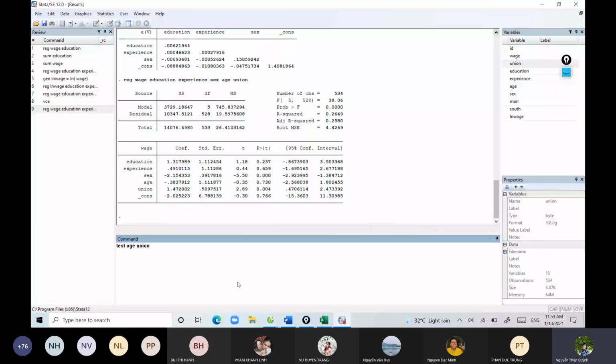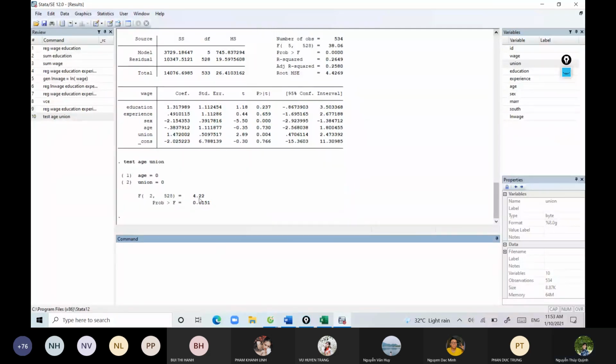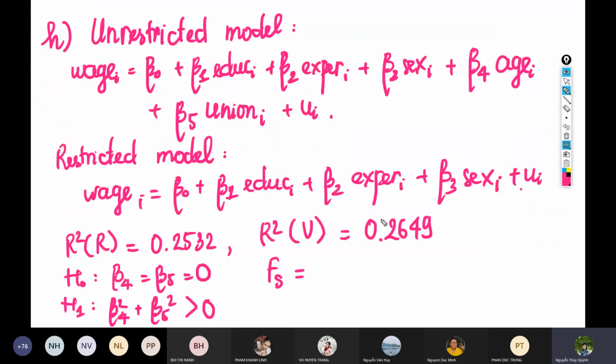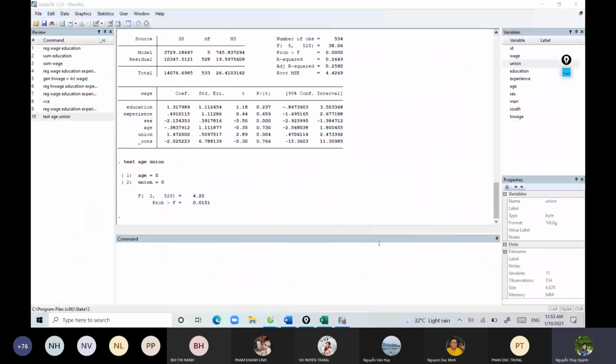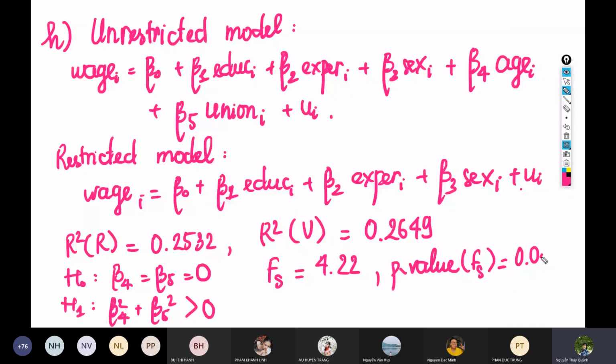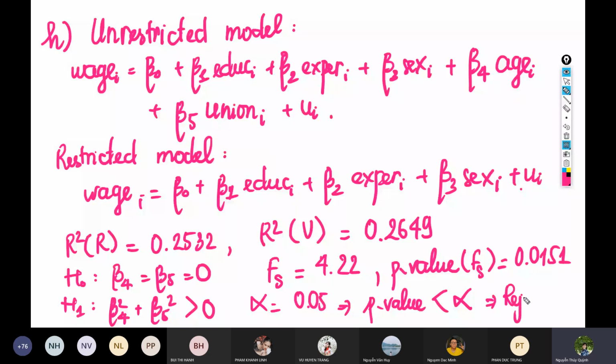The F statistic here is 4.22, and the p-value of the test is 0.0151. At 5% level of significance, alpha is equal to 0.05, and obviously we see that the p-value is less than the level of significance, then we reject H0.